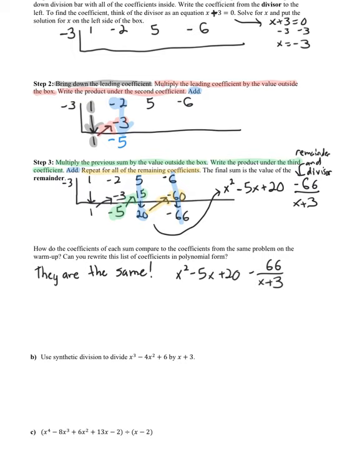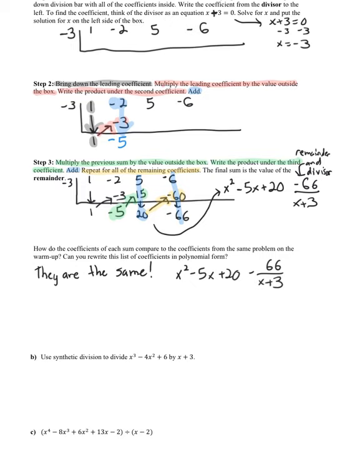I'm hoping you'll say synthetic might be easier because I don't have to deal with all those x values, the x squareds, x cubes, x to the fourths. That's kind of the key for these types of problems. So that's the trick for example A.